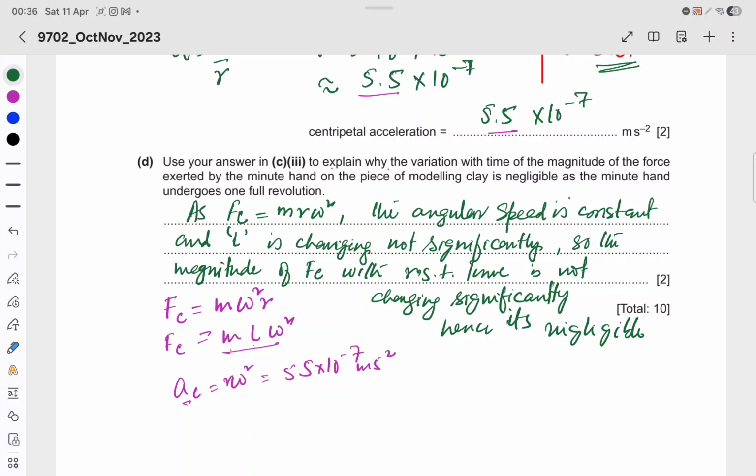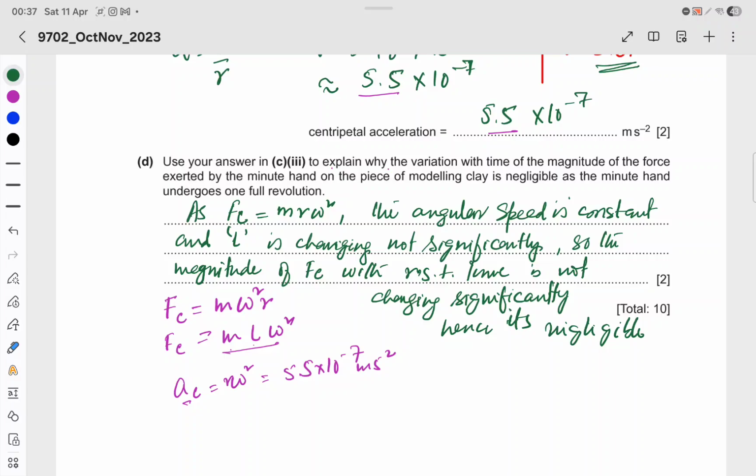The concept is, if we say mass is constant, length is constant, and angular speed is constant, so that makes a constant centripetal force. So with respect to time there will be no change.